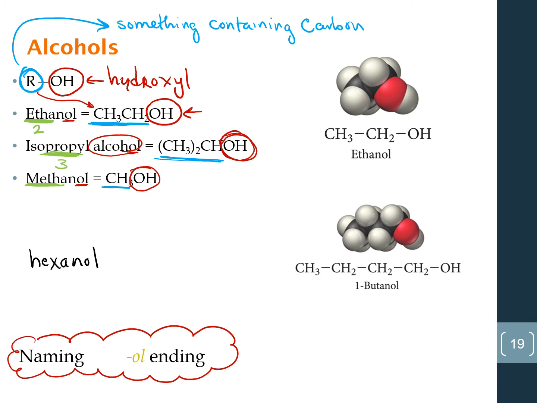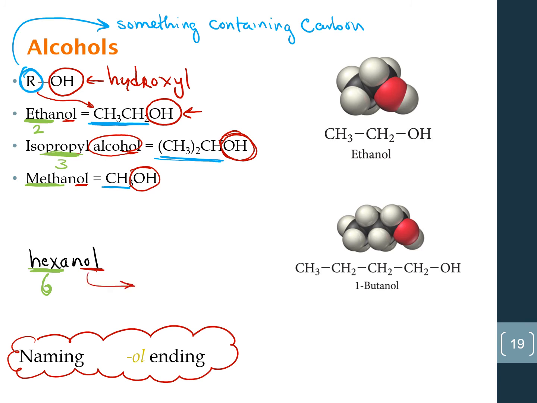If you go back to the table with the names, that's what we use for 6 carbons. So just by looking at the name, you can tell that that compound is going to have 6 carbons.